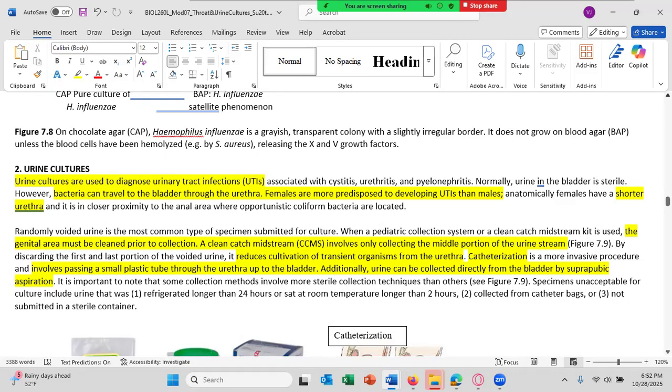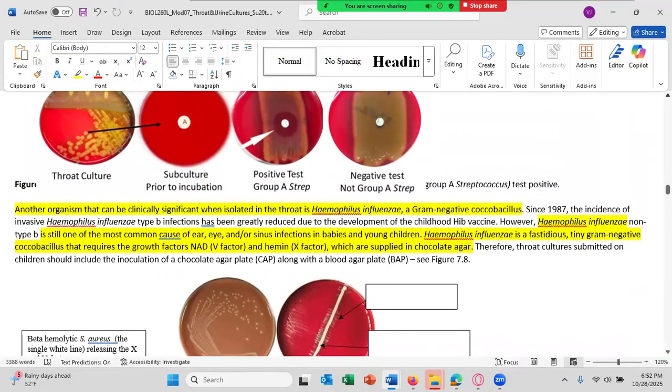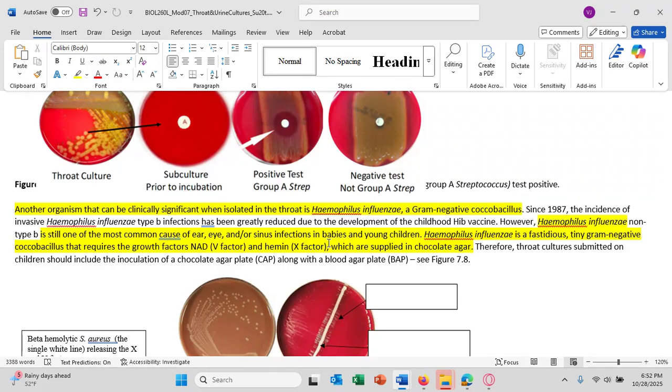Another organism which is found in the throats, particularly in infants or very young children, is Haemophilus influenzae. Haemophilus influenzae is a gram-negative coccobacillus, and it's a common cause of eye, ear, and sinus infection in babies and young children.